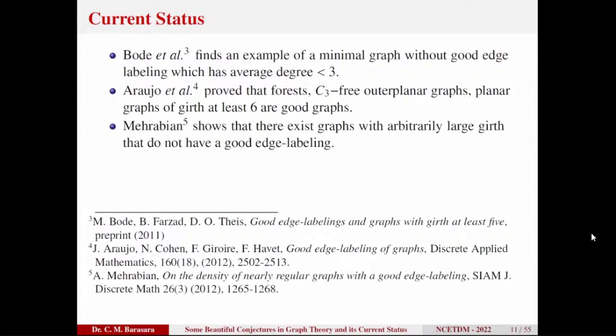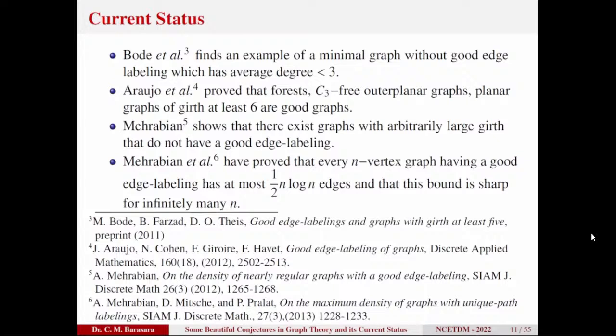And Mehrabian showed that there exist graphs with arbitrarily large girth that do not have a good age labeling. And Mehrabian and others proved that an n-vertex graph having a good age labeling must have at most (1/2) n log n edges, and that this bound is sharp for infinitely many n.